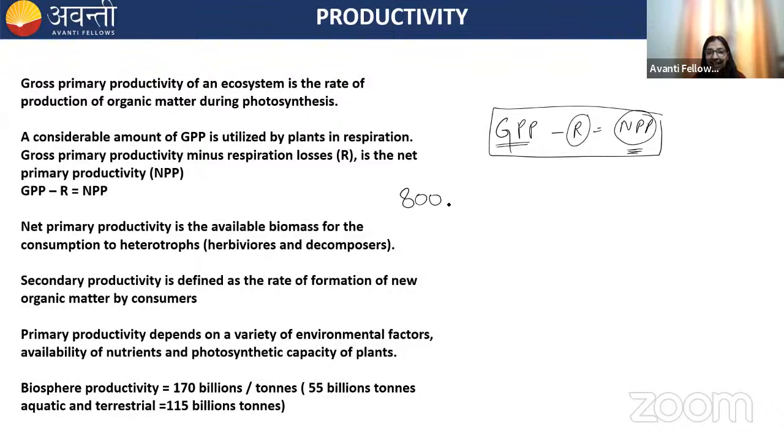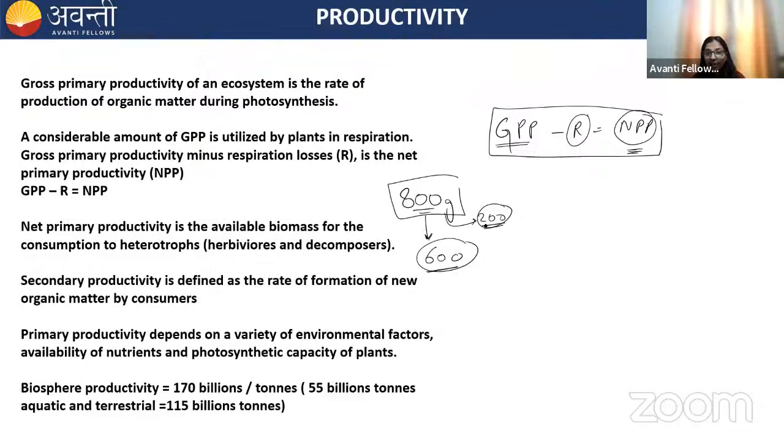Because starting it was, let's say for example, 800. 200 will be utilized by the plant for respiration or the respiratory losses. Plants also need some energy to perform their functions, to perform respiration. Plants also have the requirement of ATP, right? So 600 will be available.